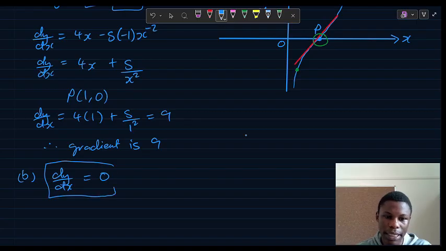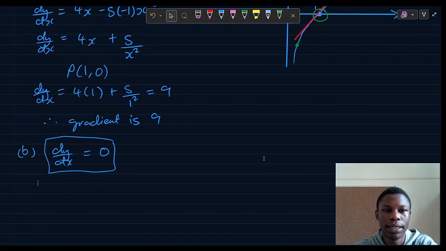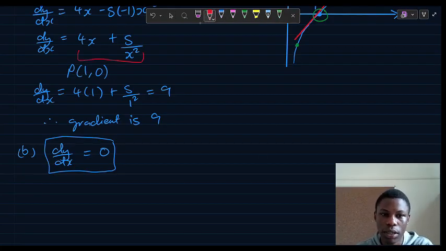This is going to be the main idea anytime you're dealing with stationary points. In part A, we already evaluated dy/dx, so we don't have to differentiate again. We can just take the result from part A and equate that to 0. So 4x plus 5 over x squared is equal to 0.